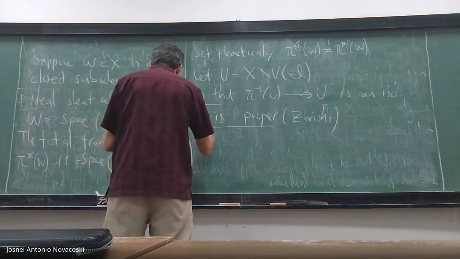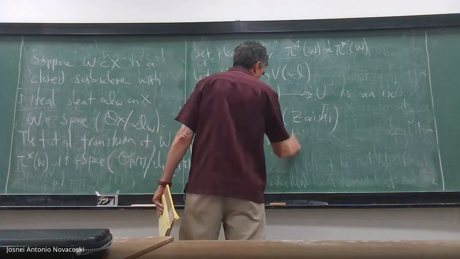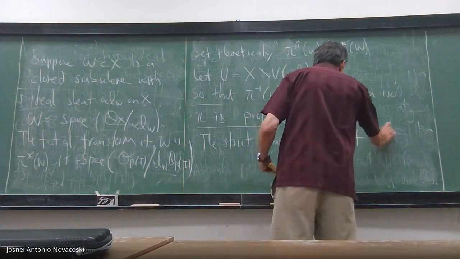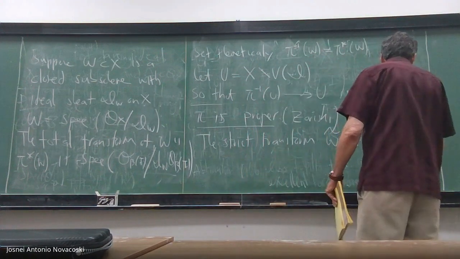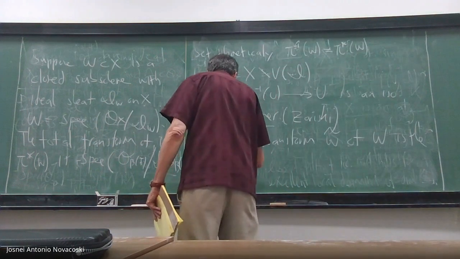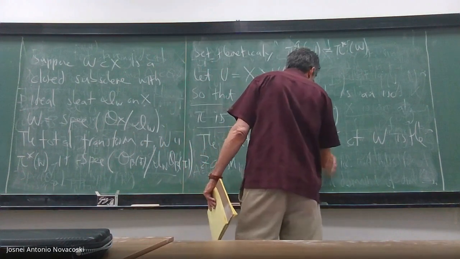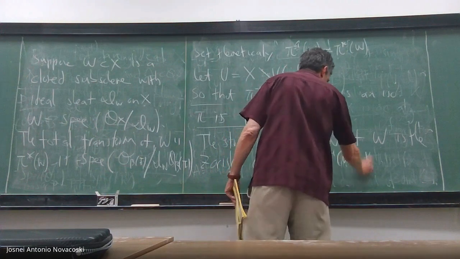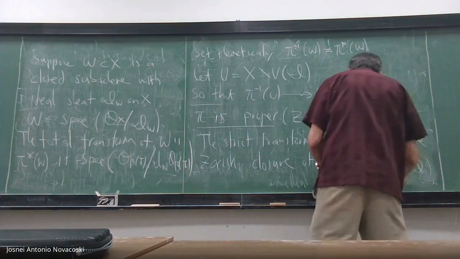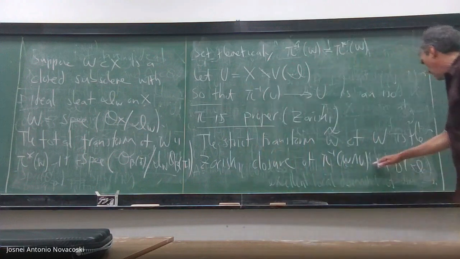There's a little more here. I'll say that the strict transform W tilde of W is the Zariski closure of the preimage of this in the blow-up of I. Remember, over U it's an isomorphism, but then you take the closure in here.